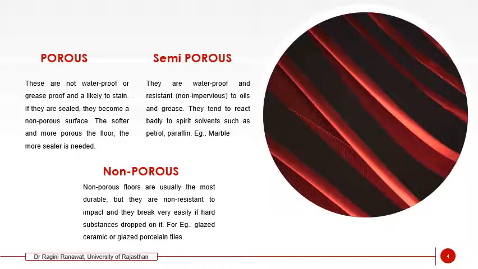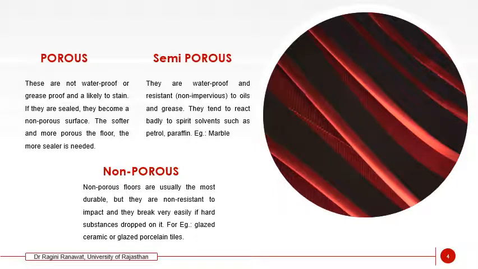Now what do we call a porous floor? These are not waterproof floors because they are made of either muds or murums, and they cannot even be sealed by putting a sealant over them, because it is not that effective when it comes to resisting moisture. They are also not grease proof, and they are most likely to stain.